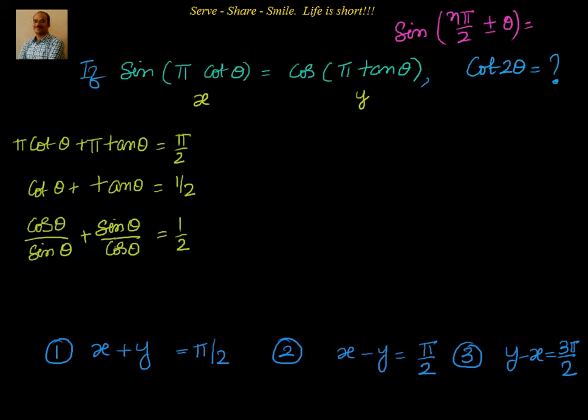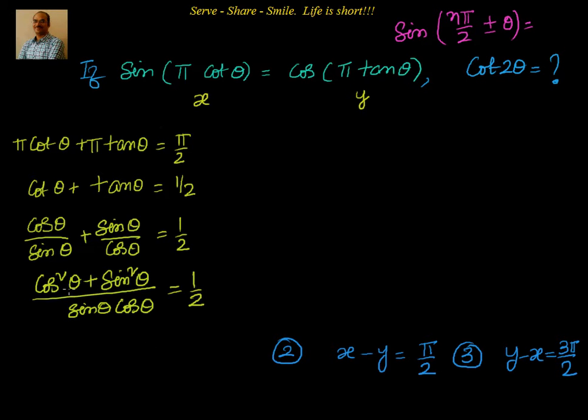Nothing but if you take LCM, cos square theta plus sine square theta by sin theta cos theta equal to 1 by 2. Let's go to the next step. I know cos square theta plus sine square theta is 1.